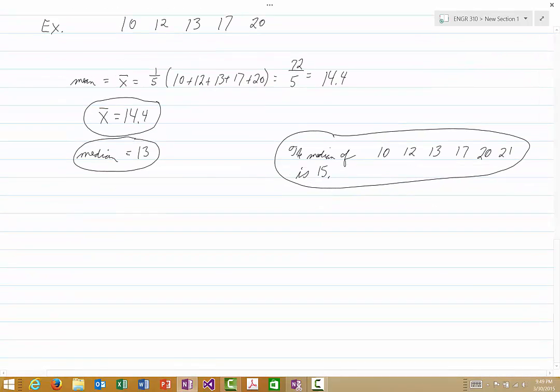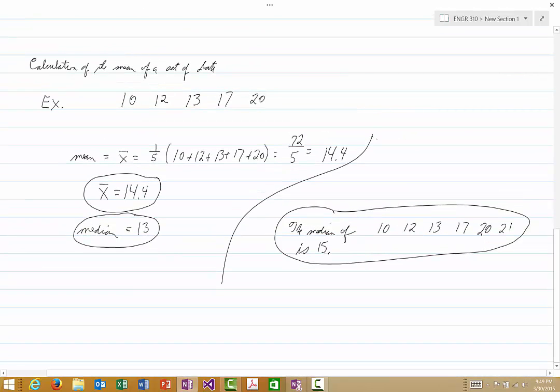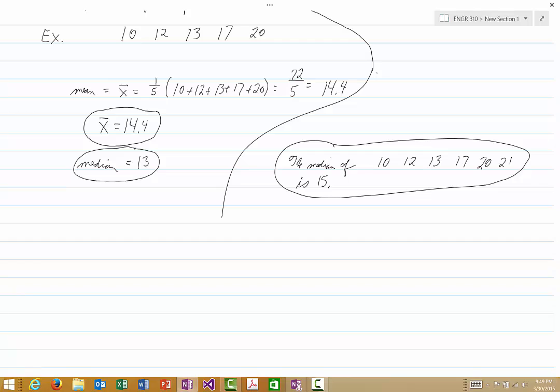And then we also, returning now to this example here, we can also calculate something called the variance and the standard deviation.